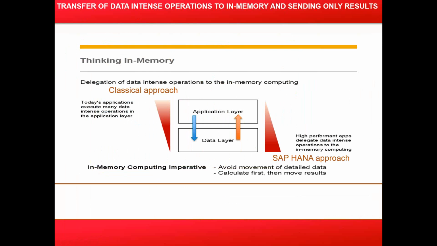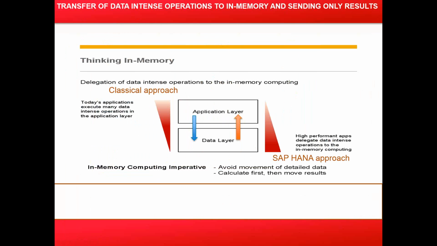In the HANA approach, whatever transformation you would like to do on the data for viewing can now happen on the database layer itself, because the database layer, which is the in-memory layer, also has the capacity of hosting the application programs.